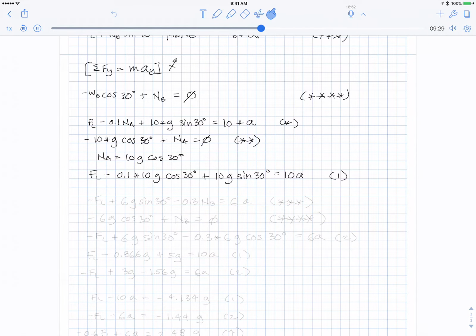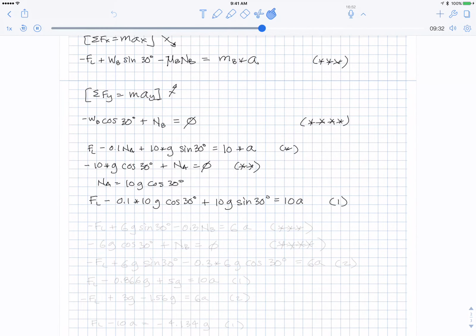Do the same thing for B, where the mass of B is 6 and the coefficient of friction is 0.3. So we get from equation 3 minus the force of the link plus the weight of B, which is 6 kilograms times G sine 30 degrees, minus mu, which was 0.3 for block B, NB equals 6A.